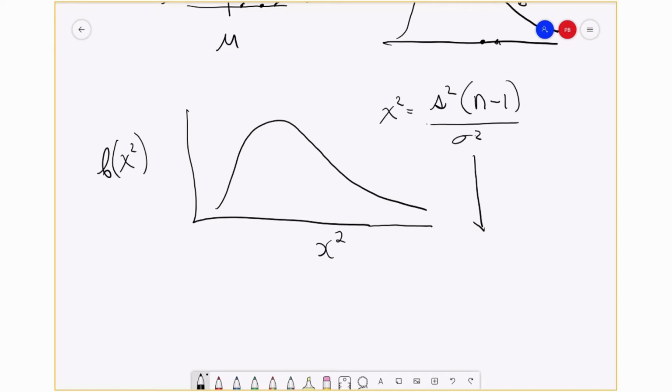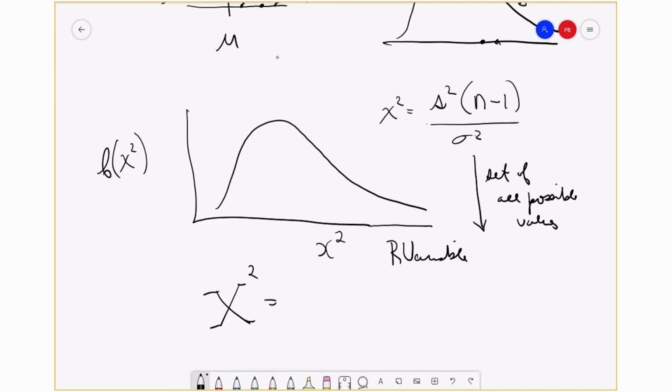And then if we consider the set of all possible values, we'd have our random variable. I'm going to represent the random variable as this, meant to be a capital chi squared, equal to capital S squared times n minus 1 divided by sigma squared.